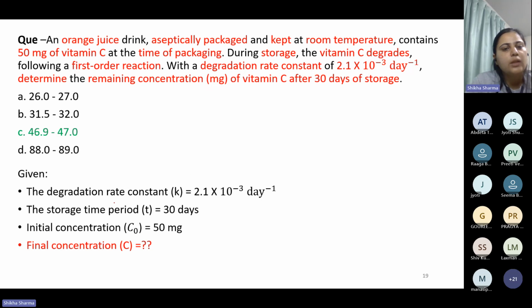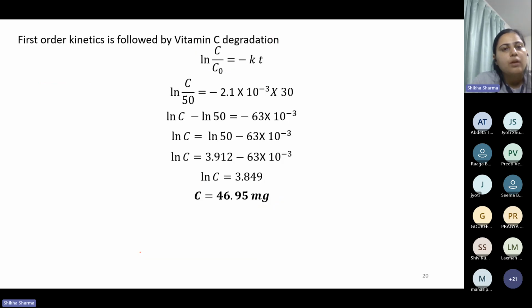So we have the degradation rate constant K, which is 2.1 into 10 to the power minus 3 per day. We have the storage time duration as 30 days. The initial concentration of vitamin C is 50 mg and we need to calculate the final concentration.